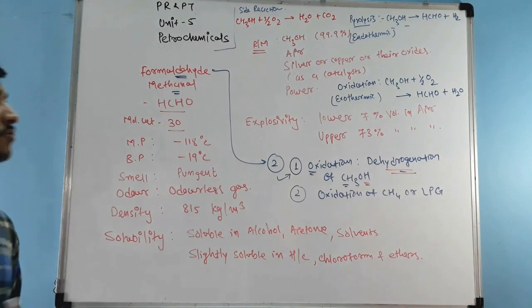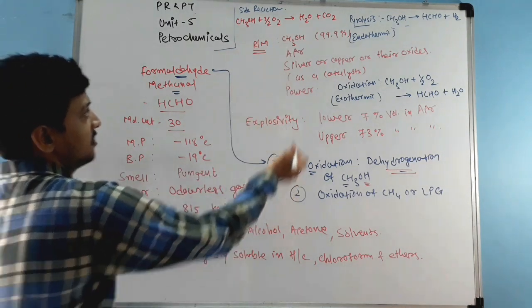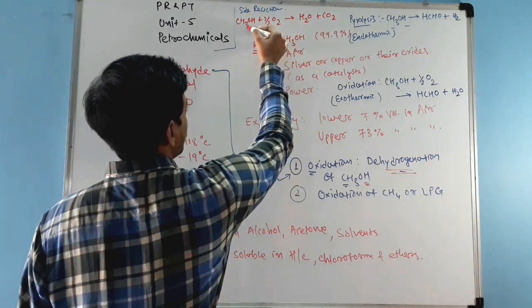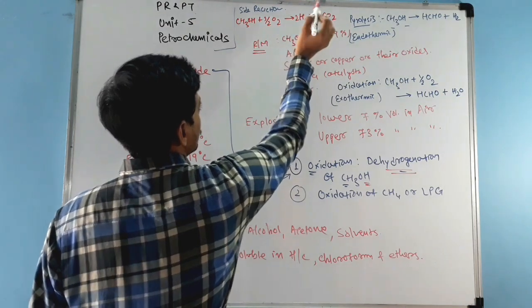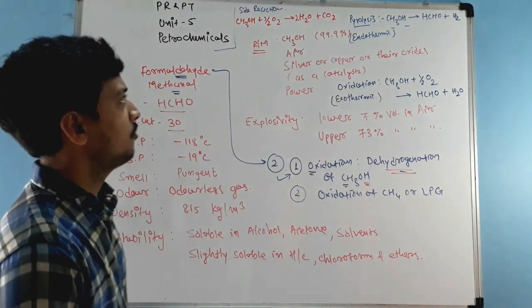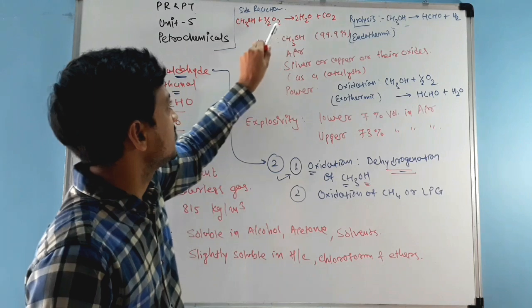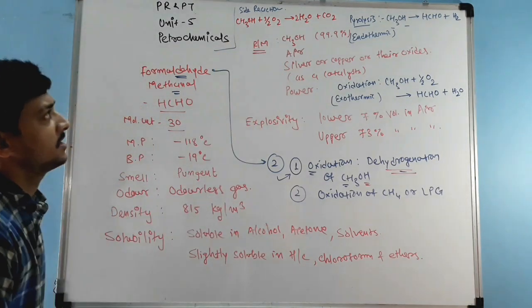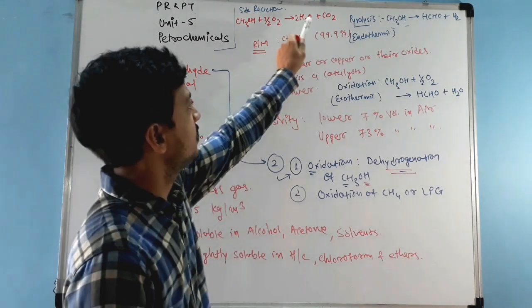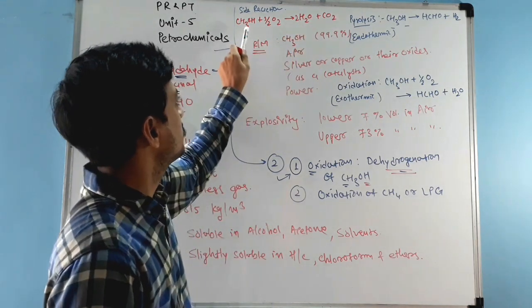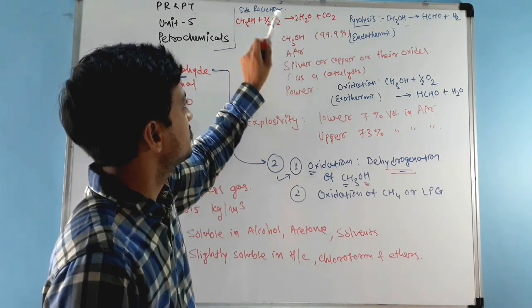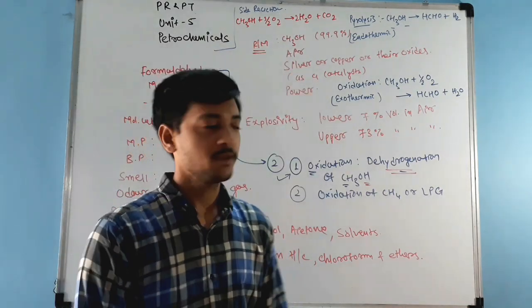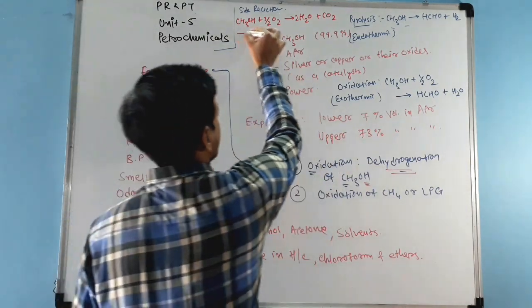You can balance the reaction: H is 3 plus 1, 4, so 2H2O, and O is 2 and 2, 4, and 1 and 3, 4. Okay, so this is the side reaction.